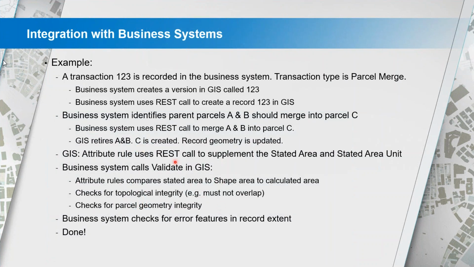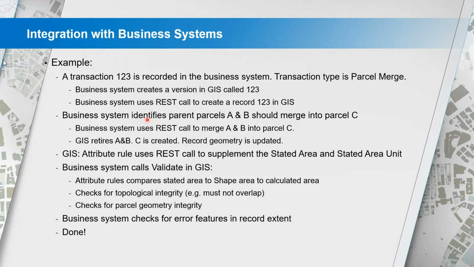So let's say we have a transaction 123 that's recorded in the business system, and we know that the transaction type is parcel merge. So the business system can actually use the REST API and create a version in the GIS called 123. And then it uses that REST call to create a record 123 in the GIS as well.